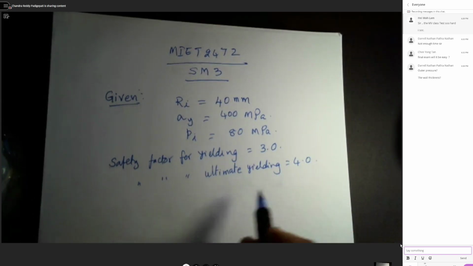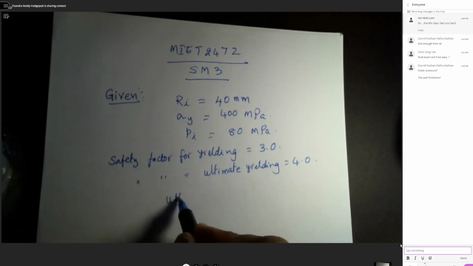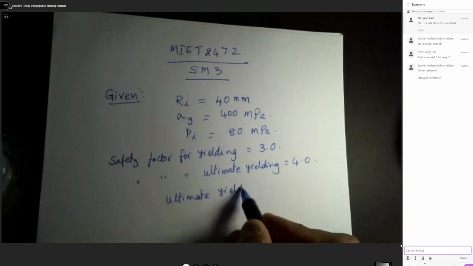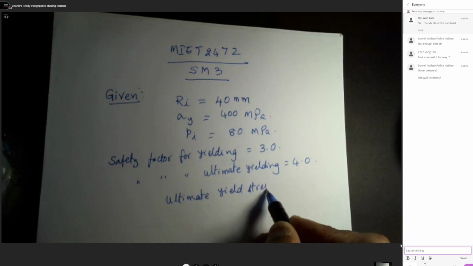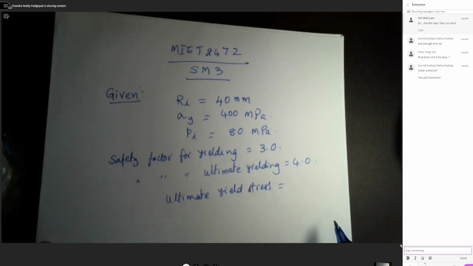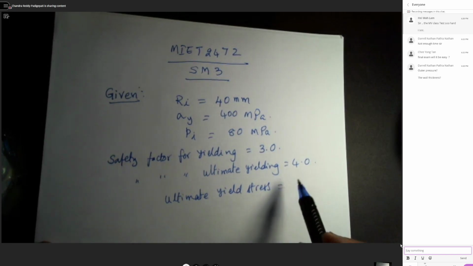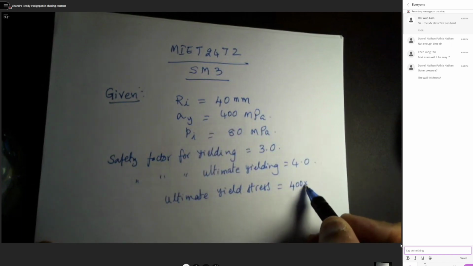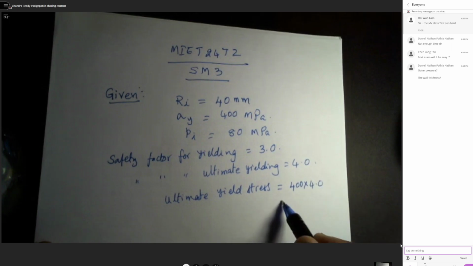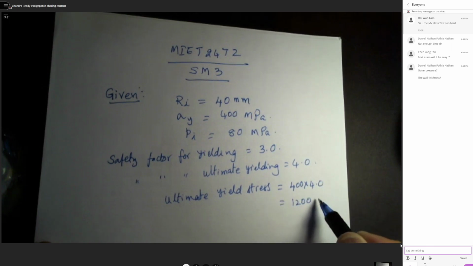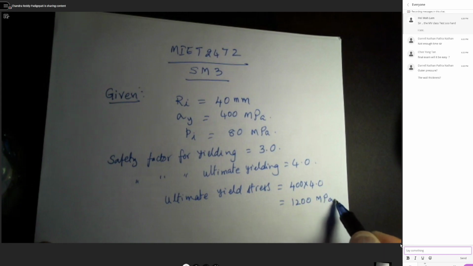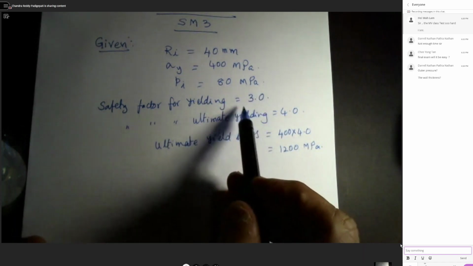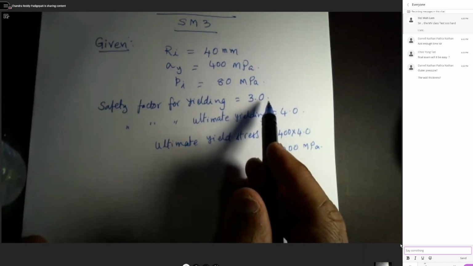So you can calculate what is the ultimate yield stress. Any idea what it will be? 400 times 4.0, so you will get 1200 megapascals. Now you need to apply the safety factor for yielding.